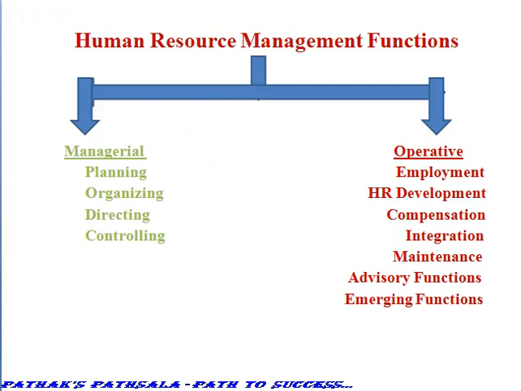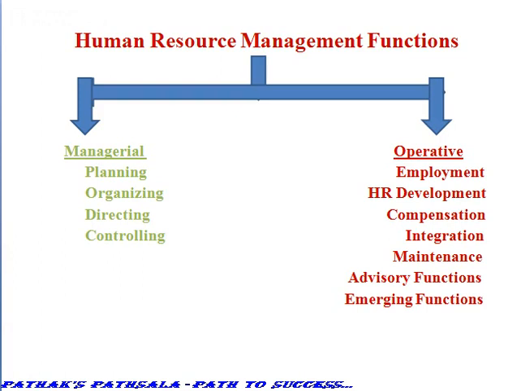The managerial functions are generic in nature. The basic managerial functions are planning, organizing, directing, and controlling. To know details about these managerial functions, please watch the module on managerial functions.